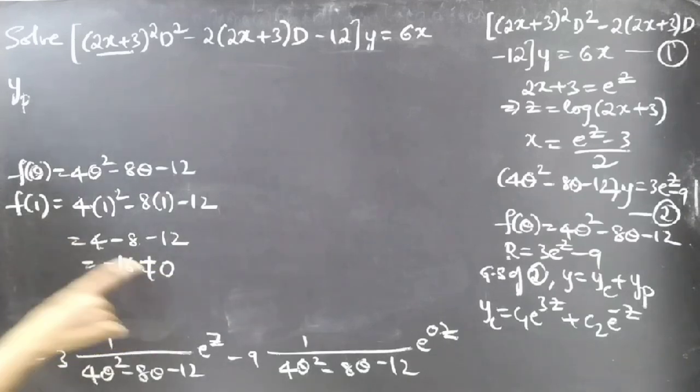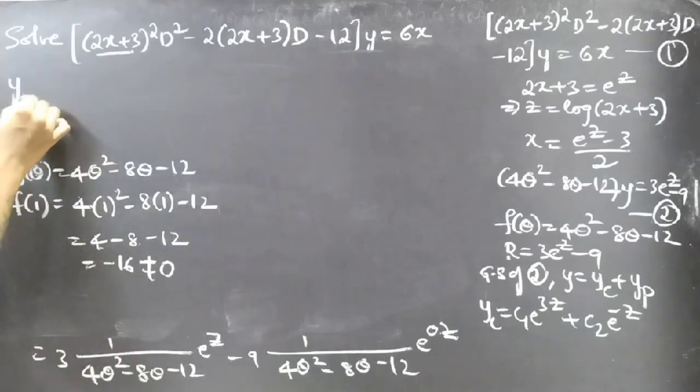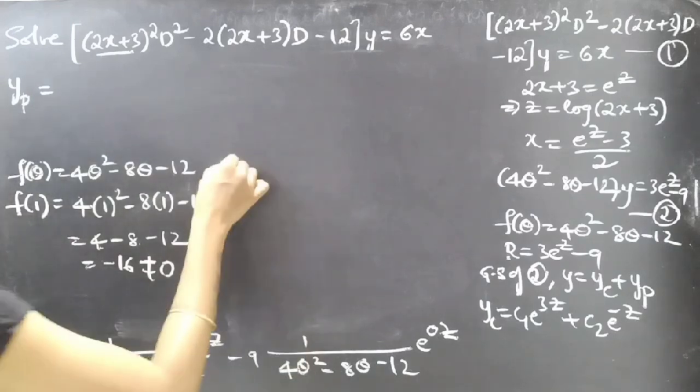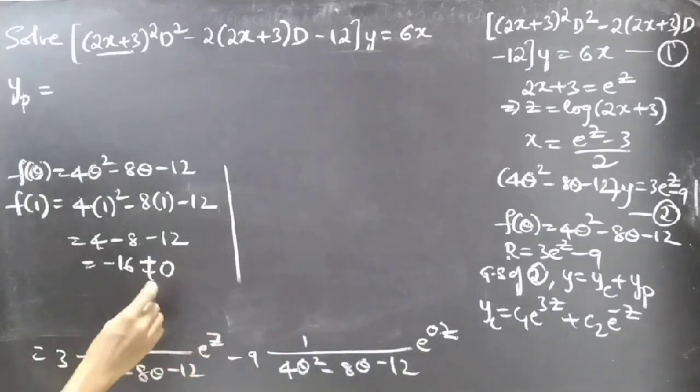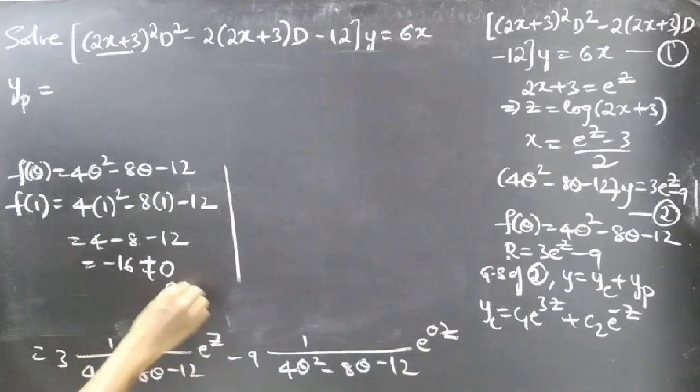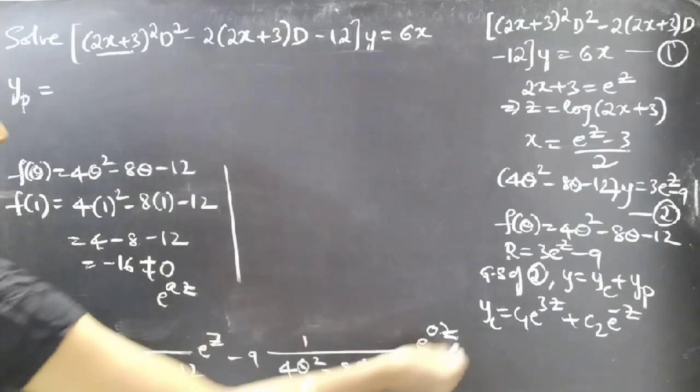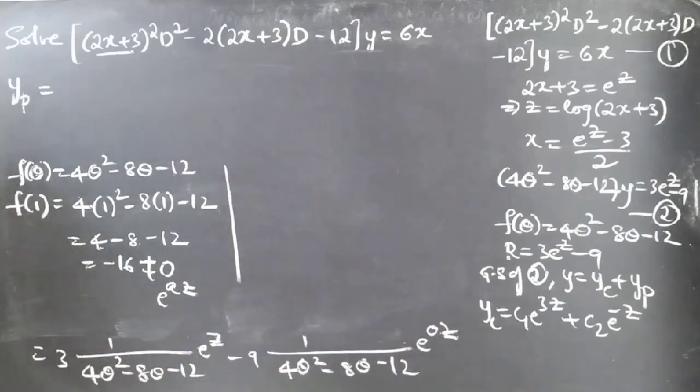Since f of 1 is non-zero, we can replace theta by 1 in the first term. Now coming to the second term, here also this is of the form 1 by f of theta into e power az type. Here we have R of e power az type, right? So we are applying this method.